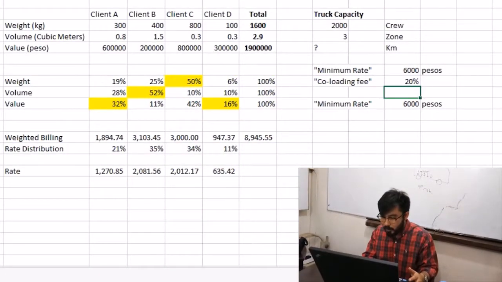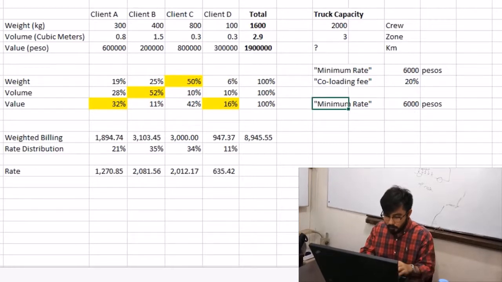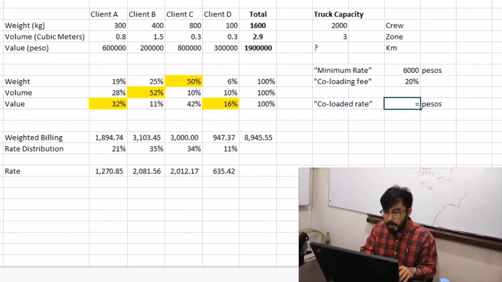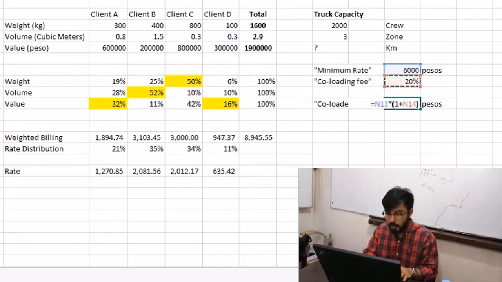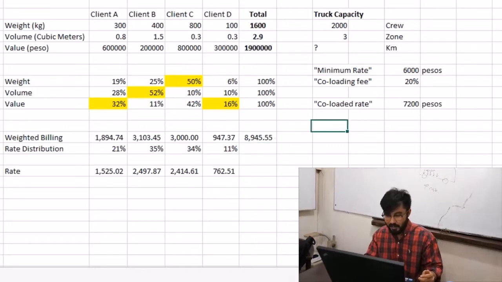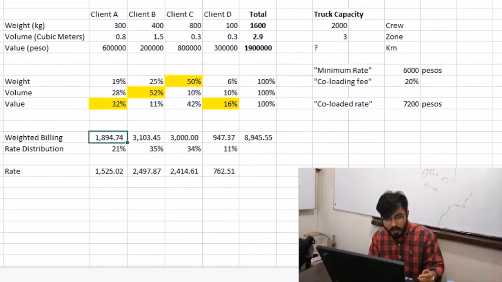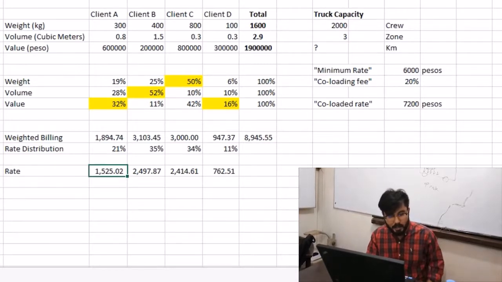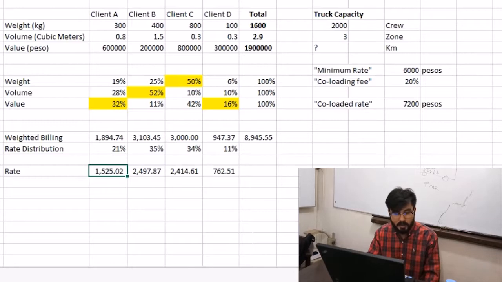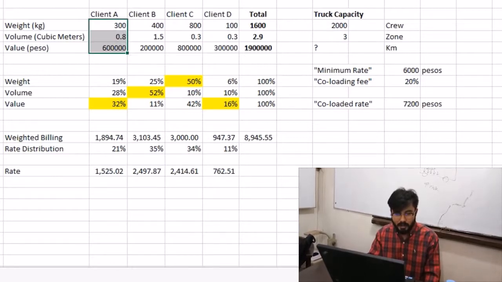So what we're going to do is, the co-loaded rate is the minimum rate times one plus the co-loading fee. So now, instead of 1,800, client A is going to pay 1,525.02 for his shipment.